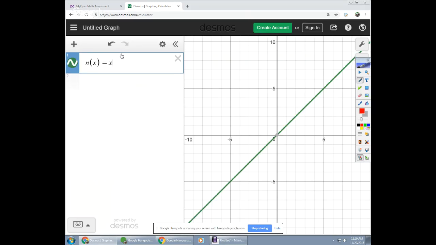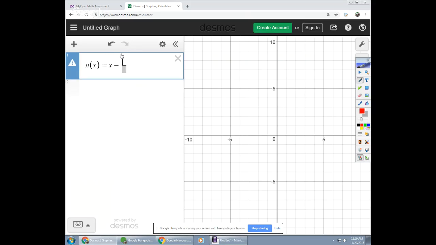And then this is equal to x minus a fraction: cosine of x squared over 7, close parentheses, minus x over 4.5. So there's my numerator.